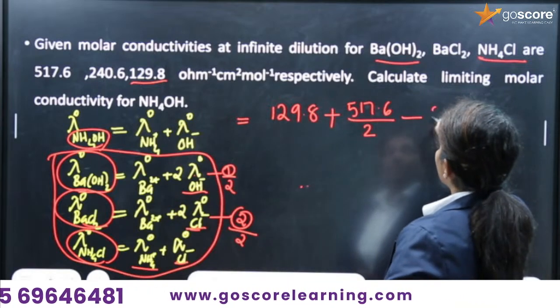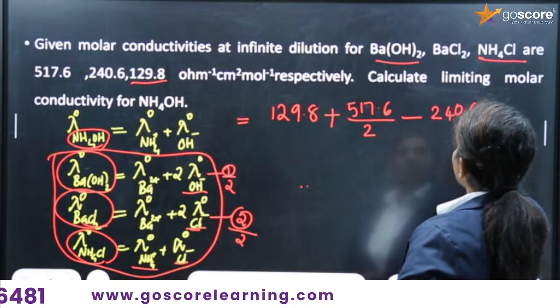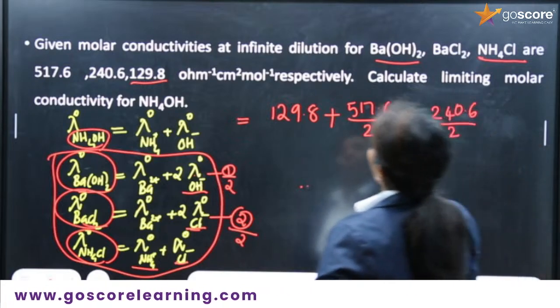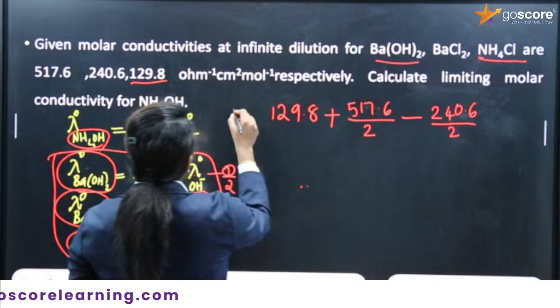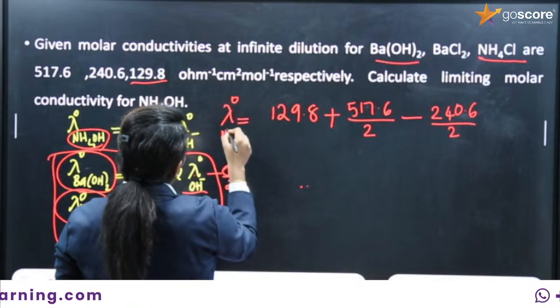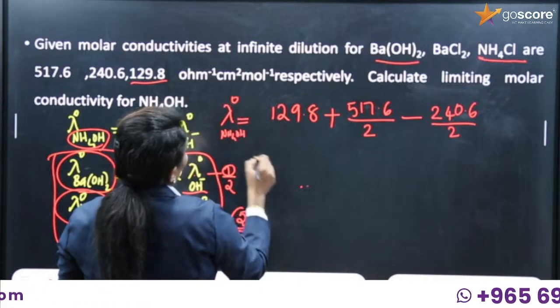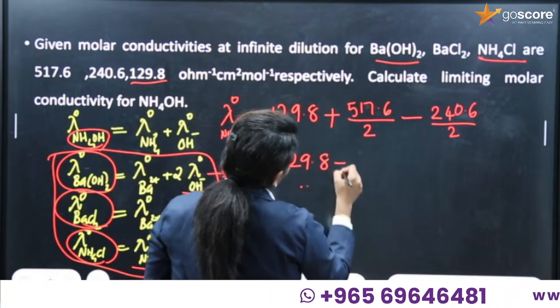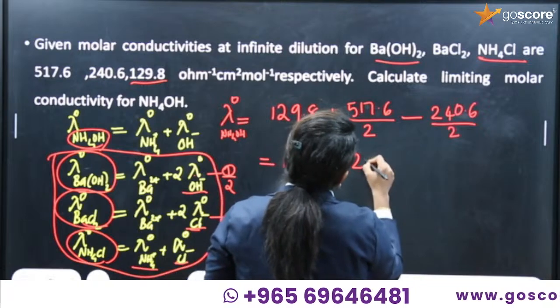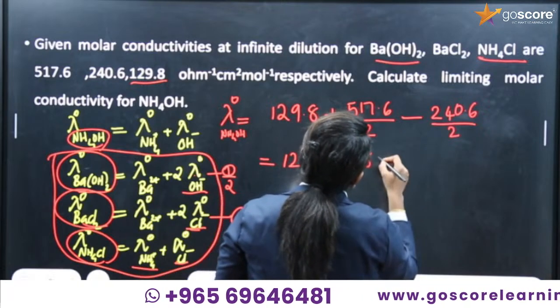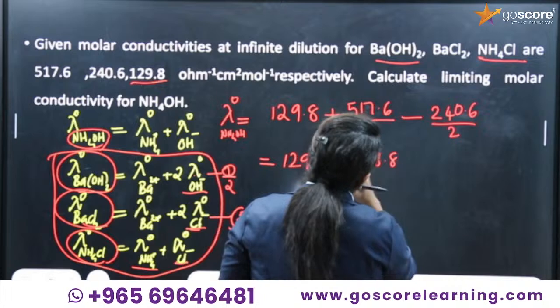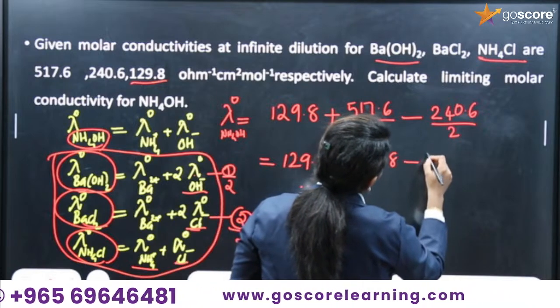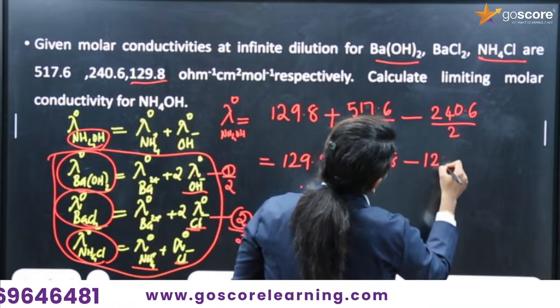Barium chloride is 240.6 divided by 2. Okay, that will be the limiting molar conductivity of NH4OH. That's equal to 129.8 plus 258.8 divided by 2.